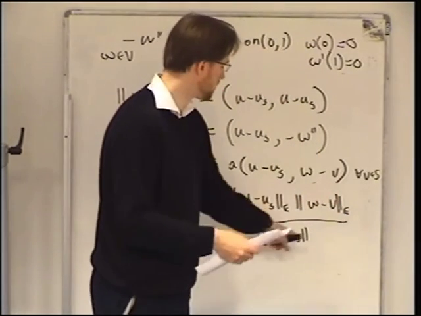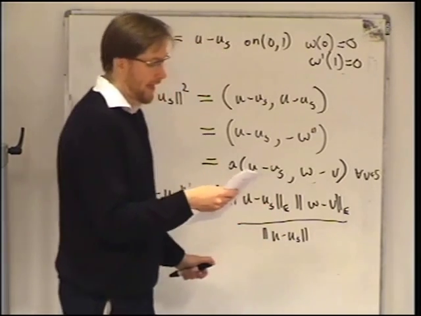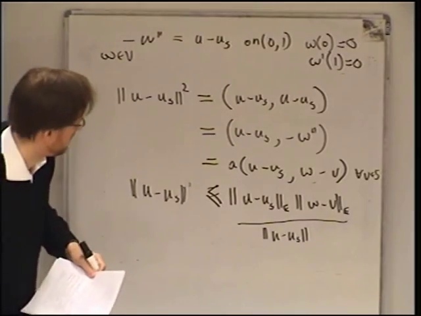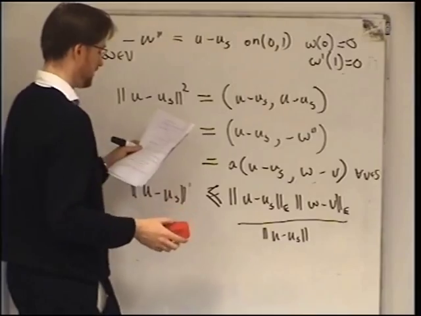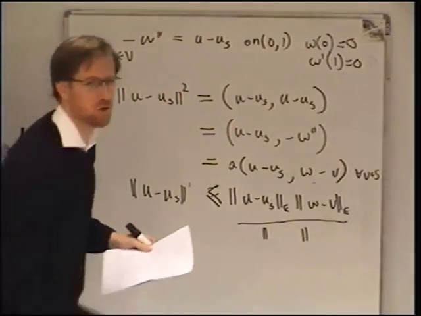And now notice that this is not in the energy norm. Not only that, I can use my trick again and say, well, I know what that is. That's W double prime by definition.